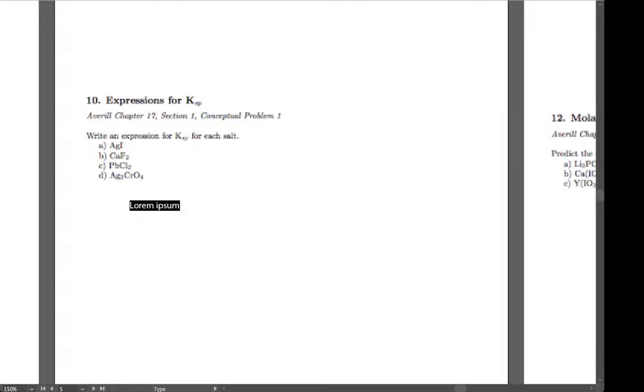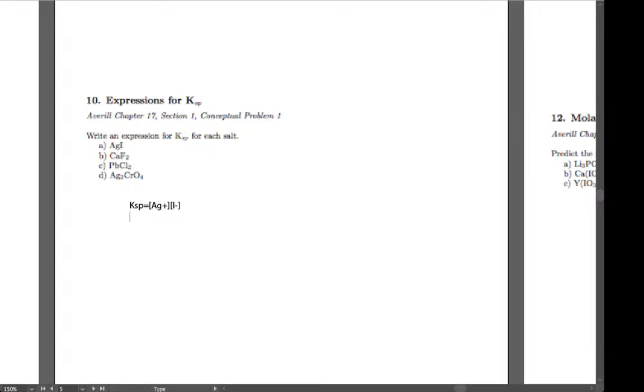Basically, the solubility expression is a very simple thing to write. KSP would equal, for example, here Ag plus multiplied by I minus. Because the coefficients are 1, it doesn't have anything. And then you divide by AgI, which is a solid, so you don't really need to care.